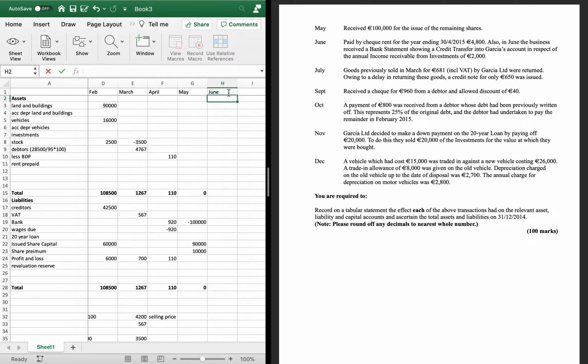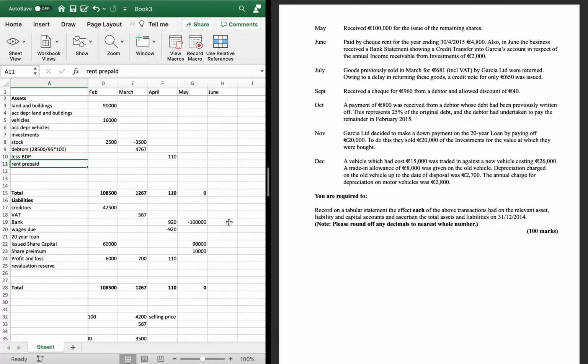June. So what's happened? Paid by check rent for the year ending 30th of the 4th, 2015, 4,800. So you paid your rent. So there's a rent prepaid. So we're going to put it in rent here, right? So we've paid the rent.